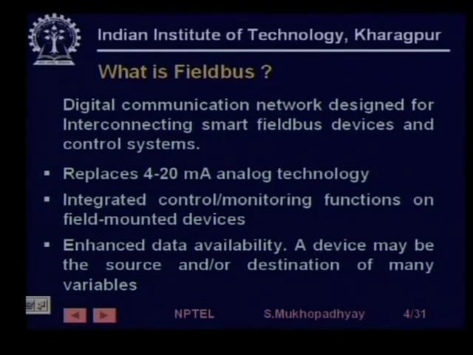One of the great advantages of having a digital communication network is that it enhances data availability. So, now one can very easily implement plant wide coordination activities. Let us say you have one shop which is feeding into another shop, or one assembly station which is feeding into another assembly station.